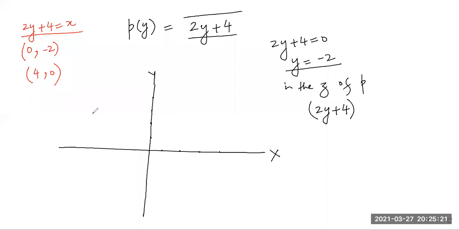Beautiful. When x is 4, y is 0 is the first point, right? Second point is 0, minus 2. When x is 0, the y is here, minus 2. Am I right? X is 0, y is minus 2. Let me join these two points.